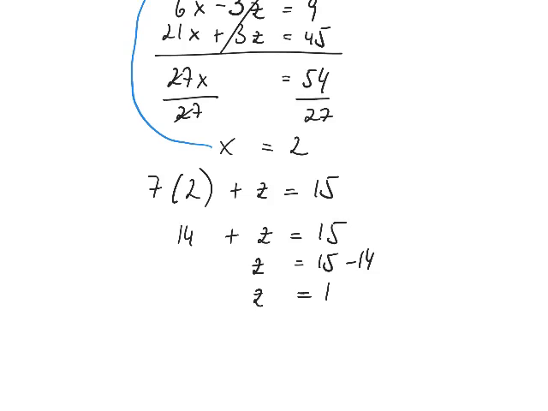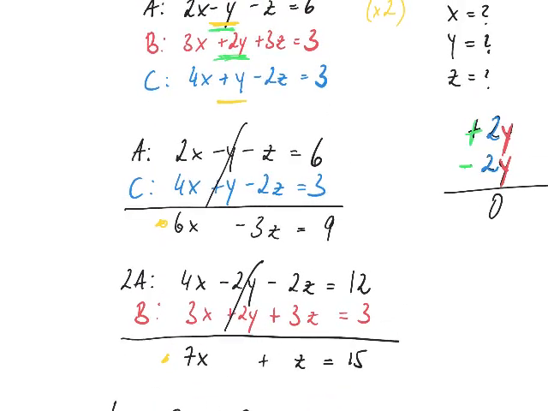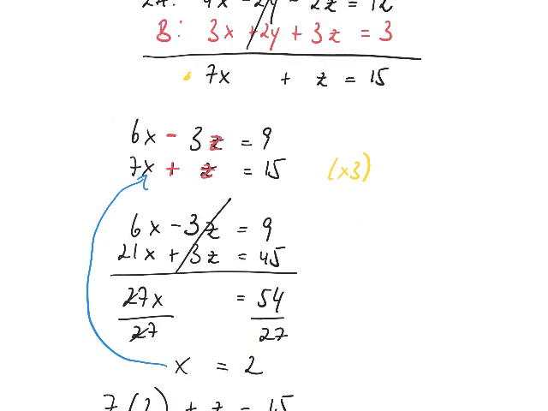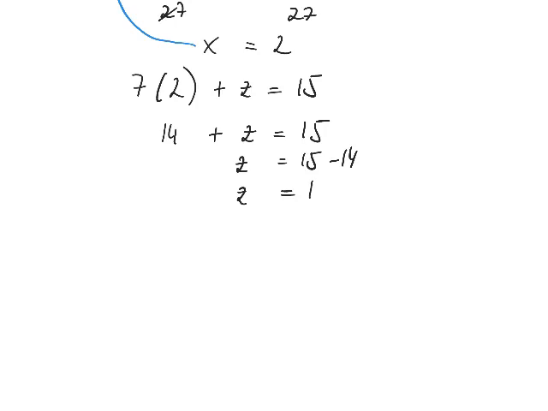So I take these two variables and I put them into one of the three original equations. I think B looks the best. So I write out B again: 3x plus 2y plus 3z equals 3. Now I know x is 2.